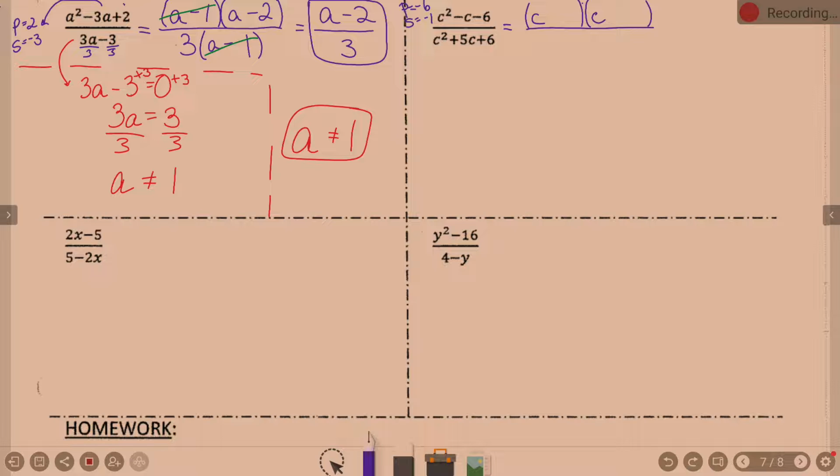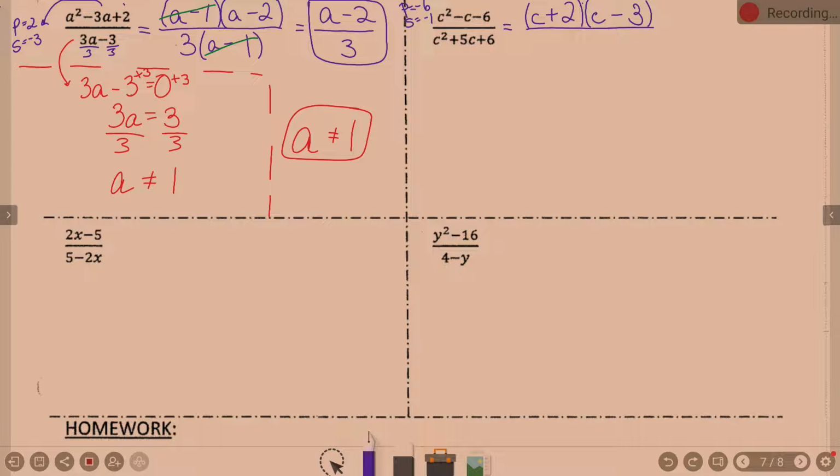So what else multiplies to be 6? 3 times 2. Okay, let's try 2 and 3. I like those better. If we're going to multiply to be a negative, we need a positive and a negative. If it adds to be -1, the larger value is negative.